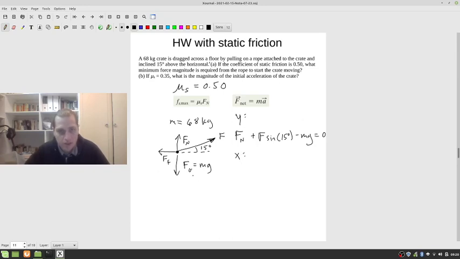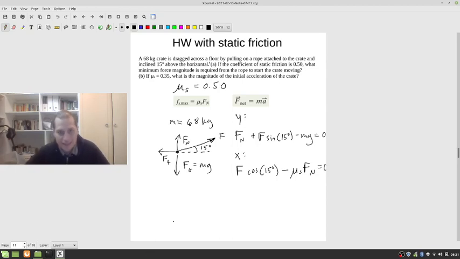In the x direction, my forces are going to look like, well, this force is pulling us forward, so that would be F cosine of 15 degrees. And then my frictional force is going to be going backwards, but let's just write that in terms of our model. So I'm going to write minus our frictional force, which is mu s times Fn equals 0.